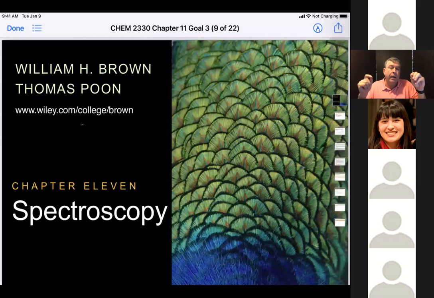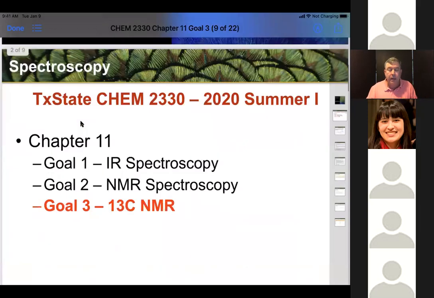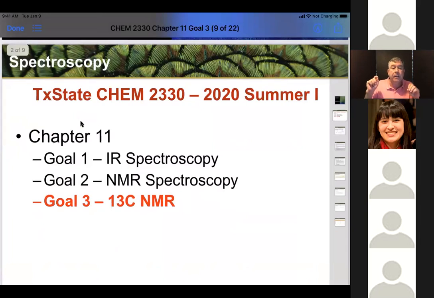So with IR and NMR, you should start being able to piece the different fragments of the chemicals together and get them in the correct order. Okay, so on our goal 3, we're going to add another piece here. In proton NMR, we were only looking at the hydrogens. In IR spectroscopy, we were only looking at individual bonds. Okay, in carbon-13 NMR, we're looking at the carbon backbone.